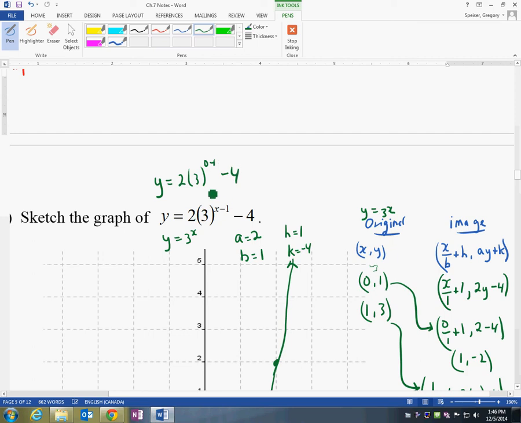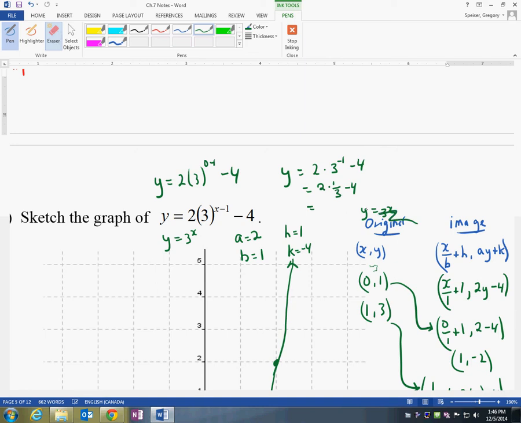So completing this, 2 times 3 to the power of negative 1 minus 4. 3 to the power of negative 1. Now remember that is equal to 1/3. So this piece here, this is 2 times 1/3 minus 4. So this would be equal to, I'm going to just do some erasing here.